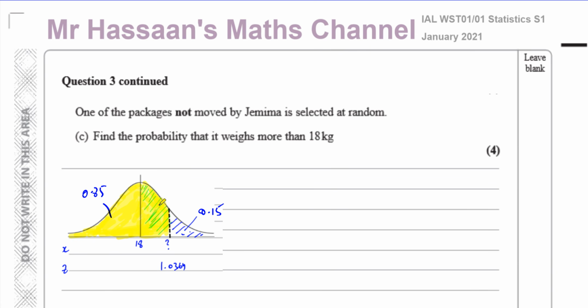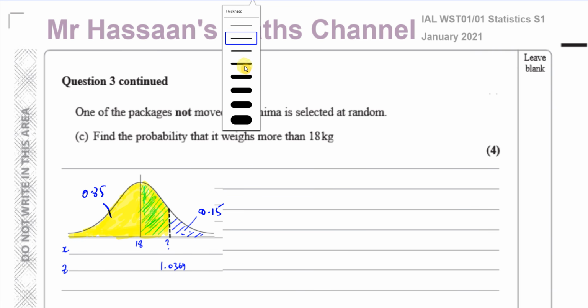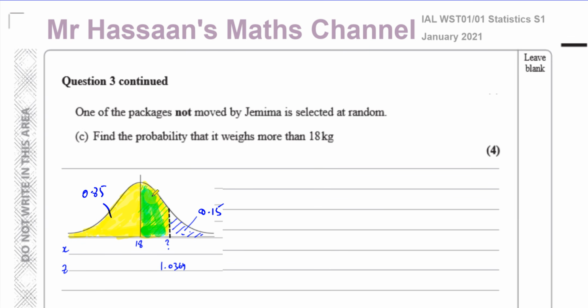That's the region that we're looking for, in this region here, because that's the region which is between the weight that's more than 18 kilograms and up to what she can carry. So we need to find the probability of something lying in this region here. That's what we need to find.